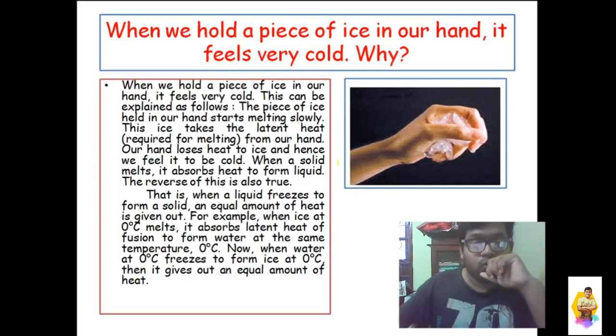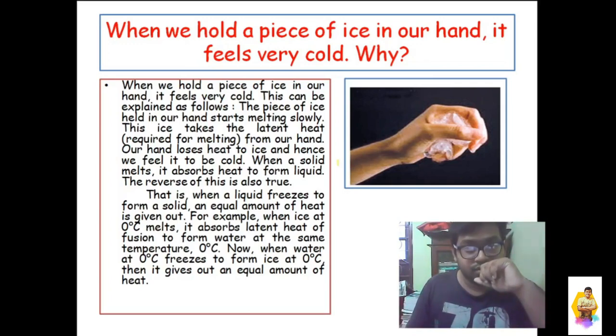See, when we hold a piece of ice in our hand, what happens? This ice melts. That means there is a change in state. All right, so for this change in state, that ice needs a latent heat of fusion.